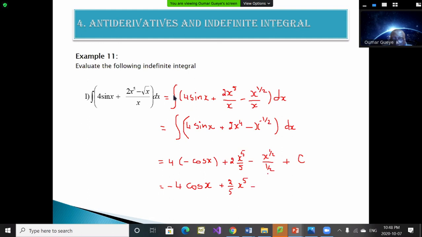And when you divide by a fraction, you guys know, dividing by a fraction is exactly equal to multiplying by the inverse of the fraction. But the inverse of 1/2 is 2/1. So that's why we get 2 times, and the x to the power half is just equal to root x, plus the constant, and you're done.